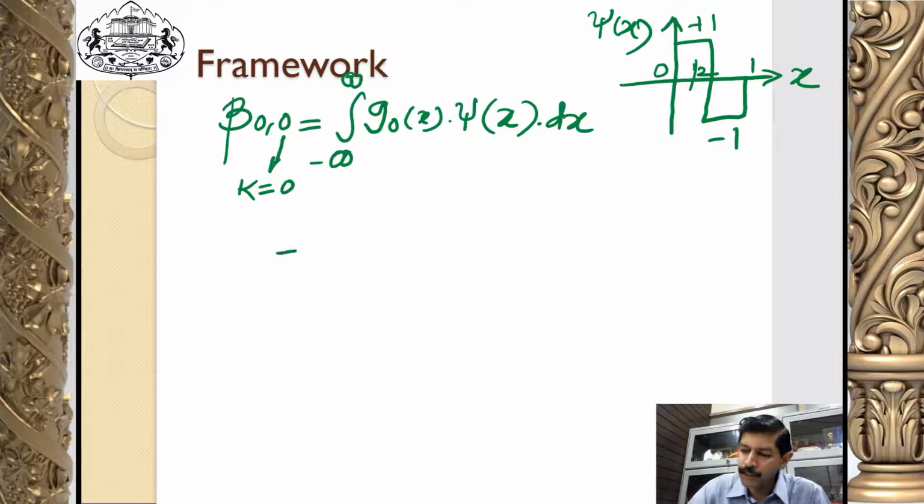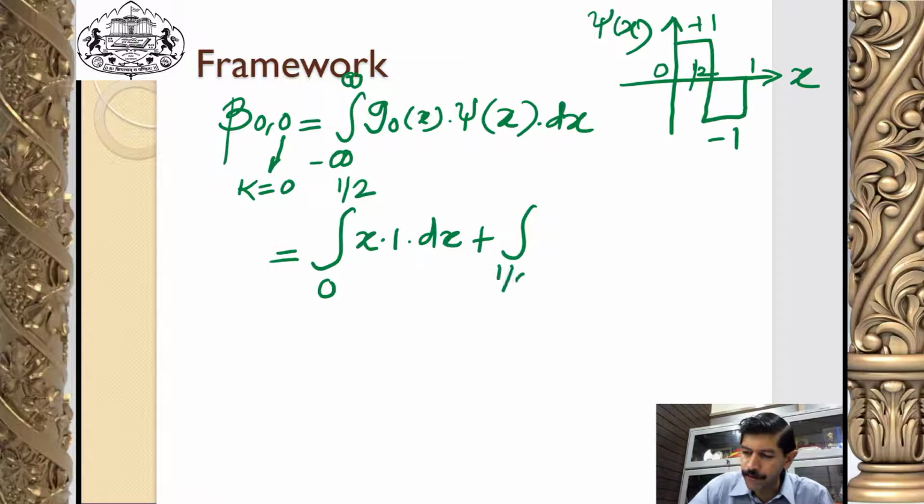So we'll have to split this integral into two parts, one running from 0 to half, and g0 of x is the same function, so it will be x into psi of x, which is plus 1 in this half, so 1 into dx, plus the second half which runs from half to 1, and we have the same function x, and now psi of x is going to be minus 1, so x into minus 1 into dx.